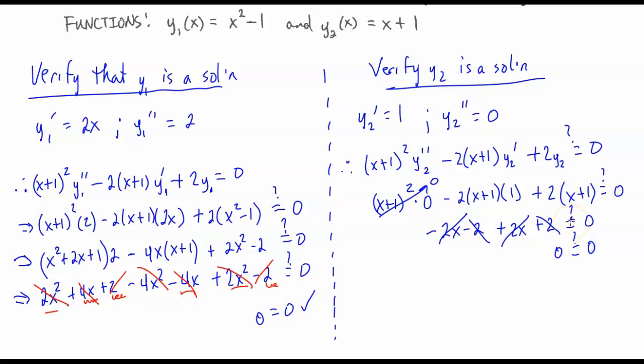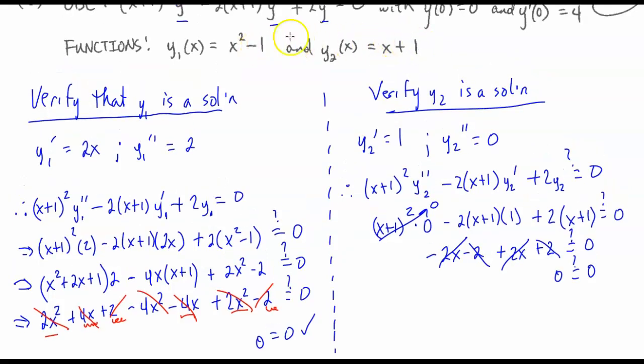Okay. All right, so we have officially verified that x squared minus 1 and x plus 1 are two functions that are going to be linearly independent of each other. And we say linearly independent because, again, these two functions cannot be written as constant multiples of each other. To kind of show you that, let's say I took y1 and divided it by y2 here.